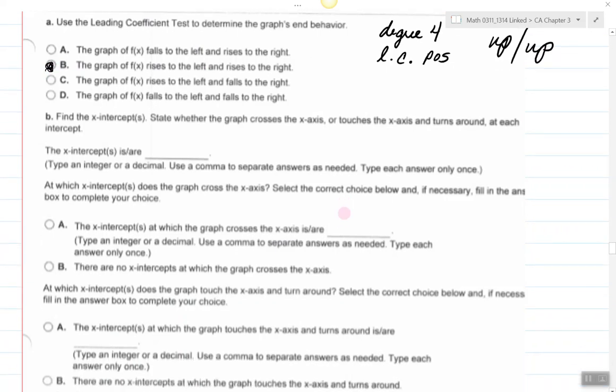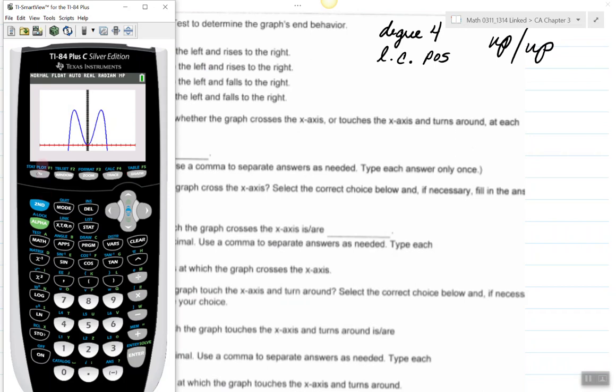I'm supposed to find the x-intercept, so let's go to the graph. To the y equals, and whoops, I think I'll just clear this out. This function is variable x raised to the 4th power, subtract 4 variable x raised to the 3rd power, plus 4x squared.